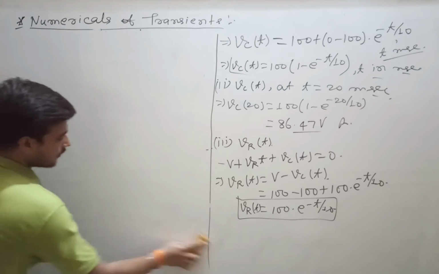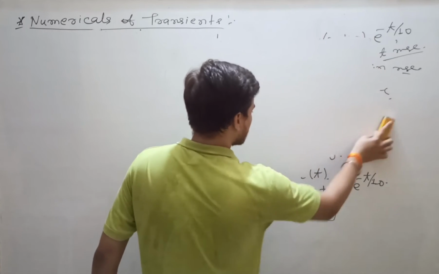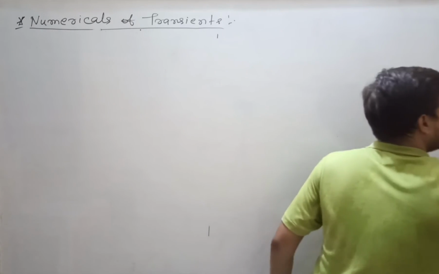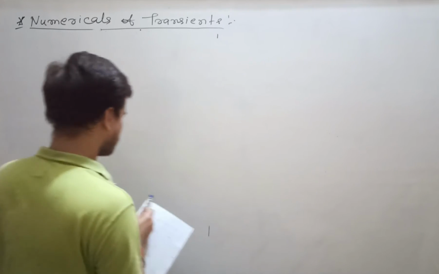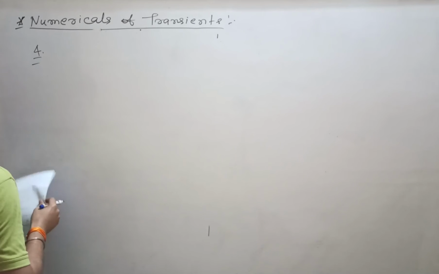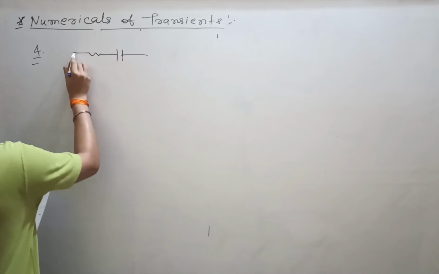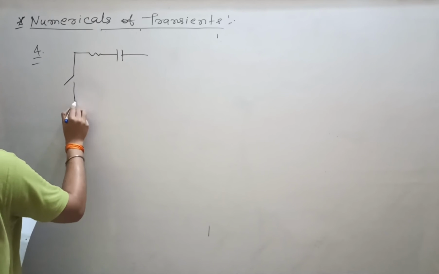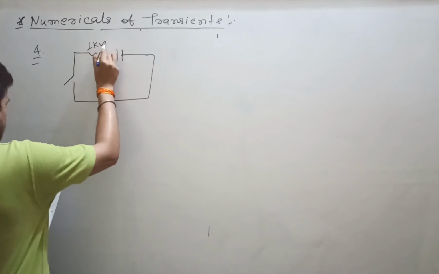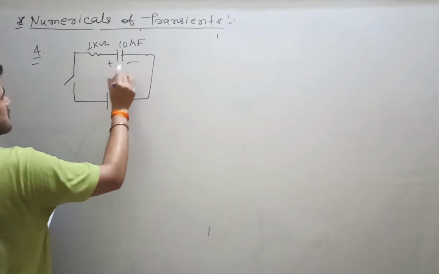Now in this question there will be some initial voltage across the capacitor and then you have to write the different expressions. Question number 4 is given. Here we are having the same type of circuit, an RC circuit, 1 kilo ohm, 10 microfarad, with VCT.